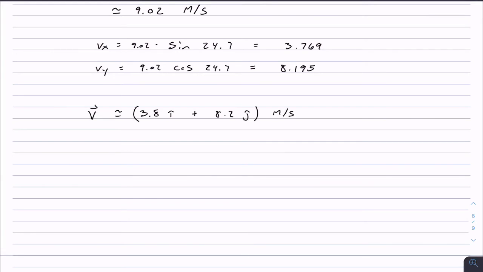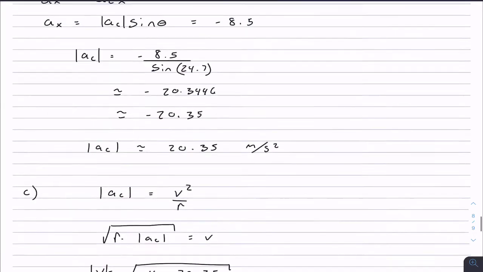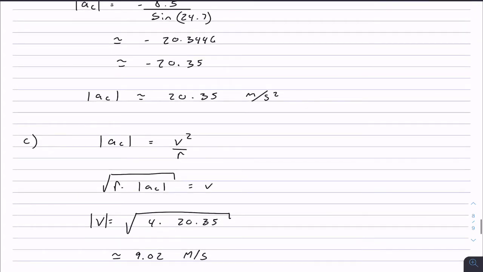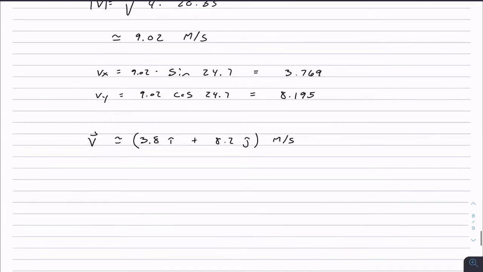This makes sense, because we're moving in the positive x direction and the positive y direction. The way we set up the problem, the pendulum is moving in this direction. The acceleration is pointing in the other direction, but the velocity is going this way and this way. All right, so that's the solution for that problem.